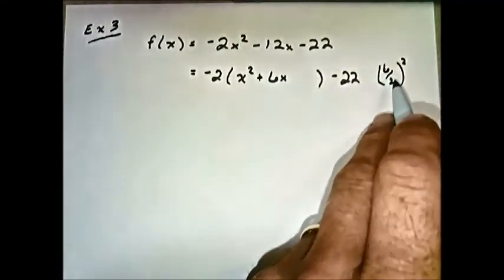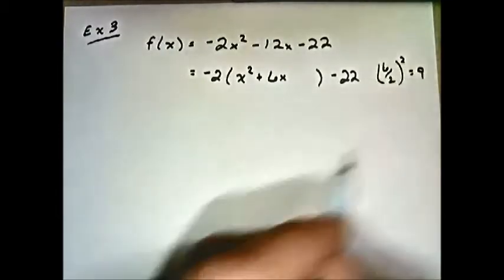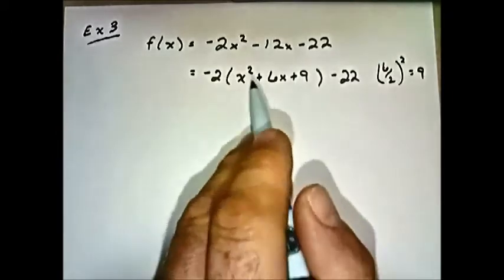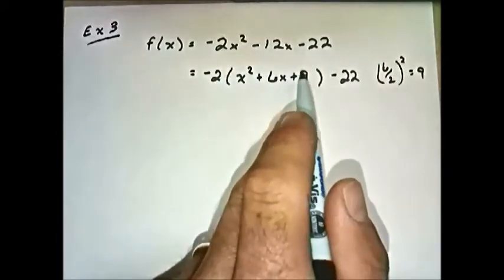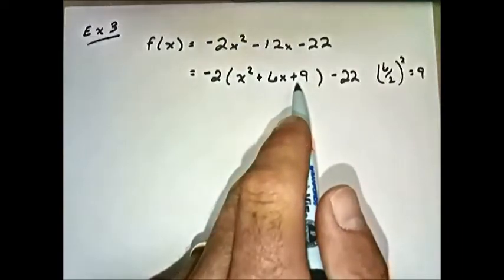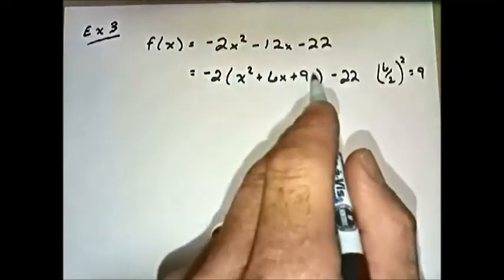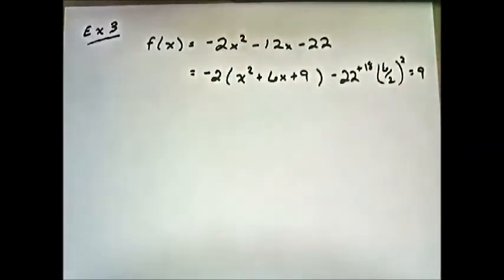So 6 divided by 2 is 3, squared gives us 9. So we're going to add 9 in that quantity. If I take that negative 2 and distribute it through, I'm actually subtracting 18 off of this equation. So to combat that negative 18, I'm going to add 18 to this side.